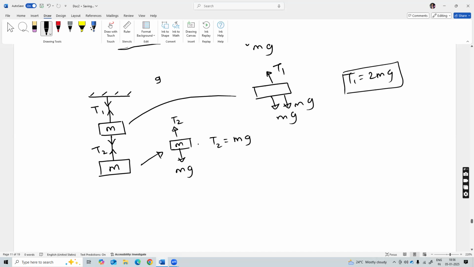And there is no restoring force as in a spring. A spring has a restoring force in it. Now, if you cut this string from here, it will simply fall down. Both will be under the acceleration due to gravity g.